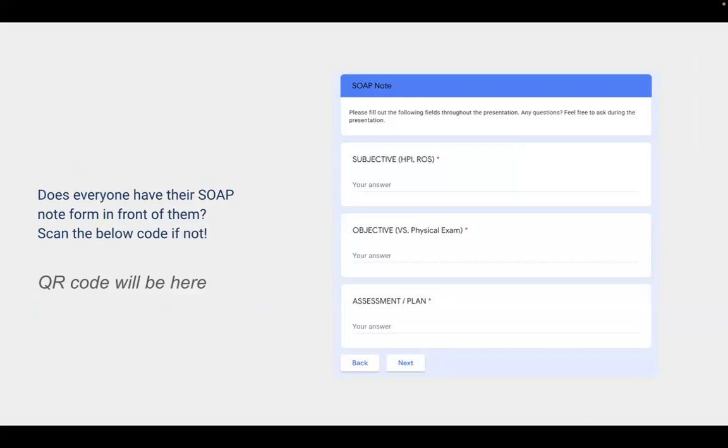This is what the SOAP note looks like. Just to quickly go through it, I didn't know what a SOAP note was when I started medical school. So let's go through what would go in the subjective portion of the SOAP note. Anyone?